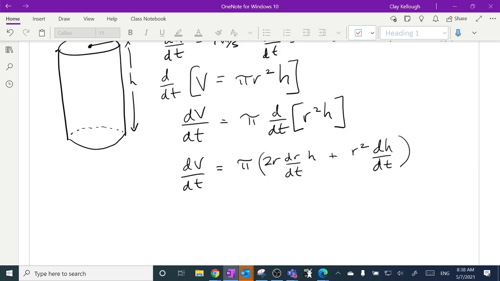Everybody get the logic on that? Any questions on how I got to this point?